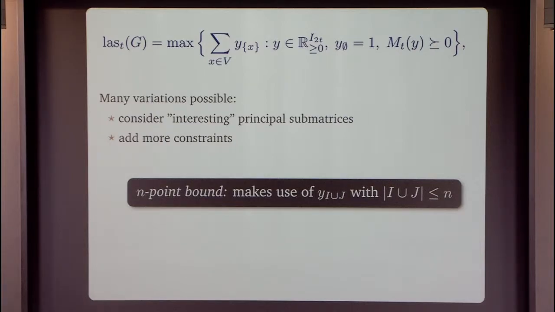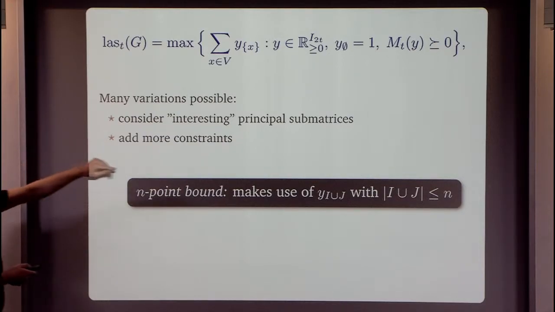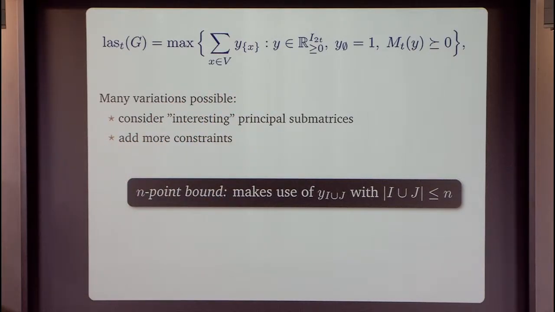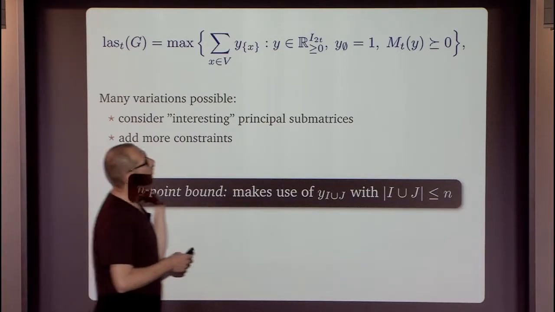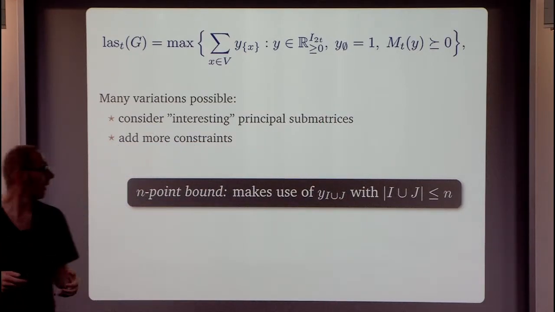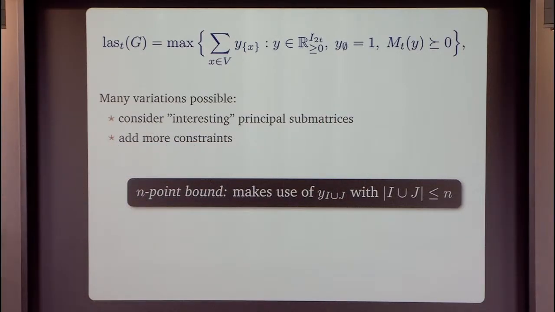And before that, step back. I want to say a bit more about the t-step, because in the literature this is the pure t-step of the hierarchy, but there are many variations possible. For example, instead of looking at the complete moment matrix, you can look at interesting submatrices. You can add more ad hoc constraints, maybe coming from extra insights into the graph structure.